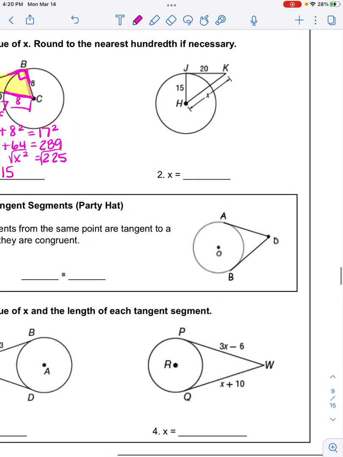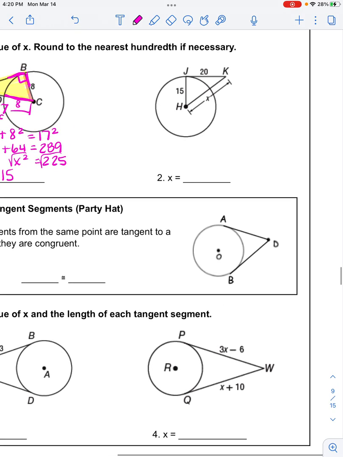We can look at this second problem here. We have this radius that's 15. We have this tangent, JK. Usually it will say if it appears tangent, it is. It's really hard to draw it to make it look like it only crosses in one place. So usually if it appears to be tangent, then it is. So you've got your two legs, they form your right angle, which makes your hypotenuse x.